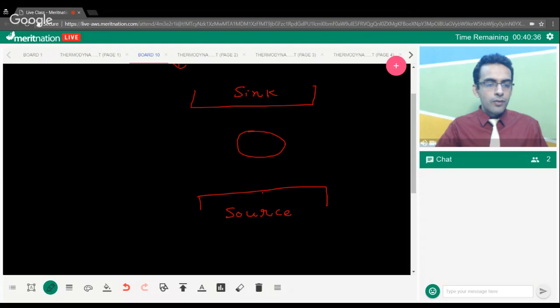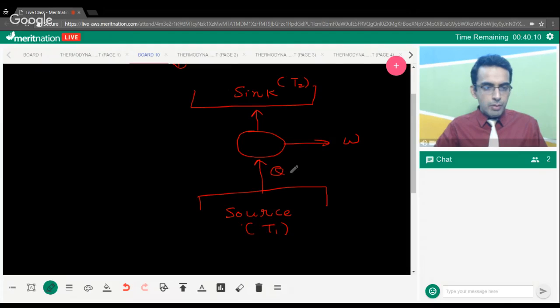It takes heat from the source and converts it into work, and discards the extra amount of heat to the sink, right? So let us say that the source is at temperature T1 and the sink is at temperature T2, and Q1 amount of heat is taken from the source and Q2 amount of heat is rejected to the sink.